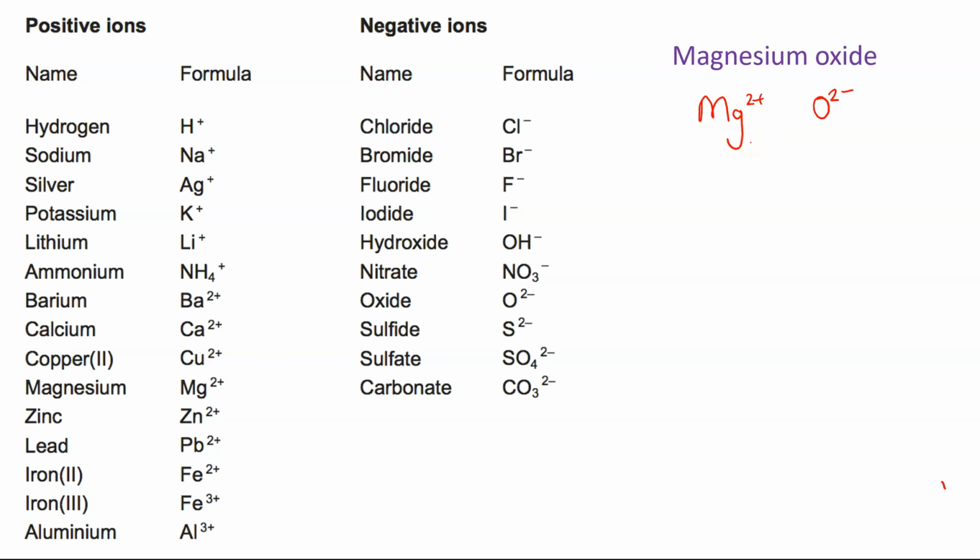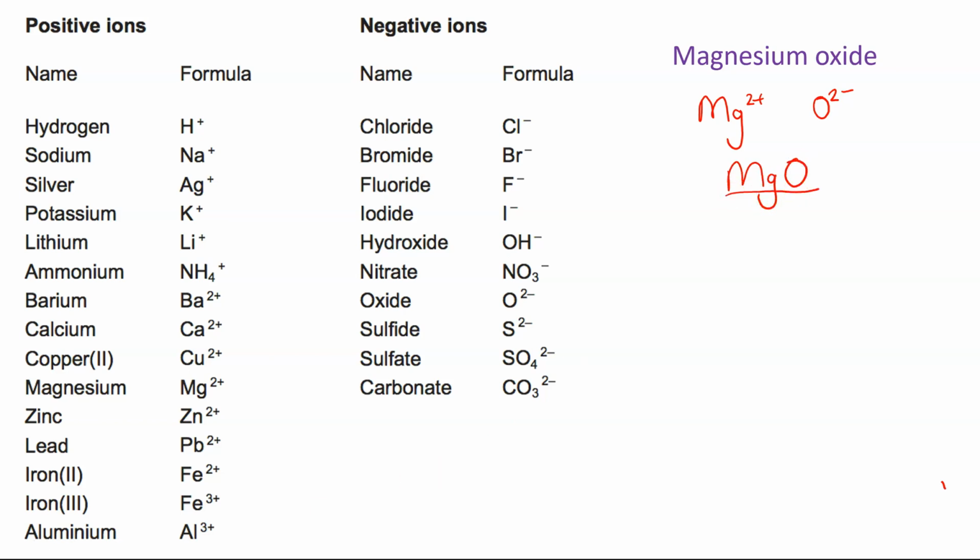Think about it, are the numbers in front of the charges the same? If they are the same, they will cancel out. So this is a 2 in front of the plus here, and this is a 2 in front of the minus here, and so you will just slot them together, because 2 plus and 2 minus will cancel each other out. So it's just MgO.